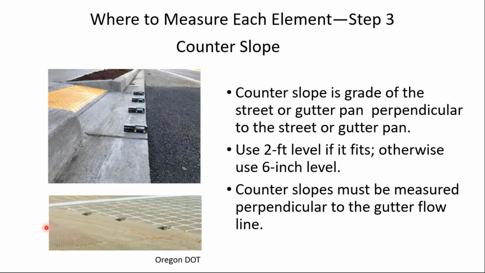Thanks, Ron. From Nicholas, in addition to the smart level and tape measure, would it be beneficial for an agency to test the curb ramps with a basic wheelchair to help identify lips and other issues that might not be noticed at first glance? Absolutely. I didn't mention it, but I'm a proponent of doing exactly that. I encourage agencies to purchase a manual wheelchair. They're not that expensive.